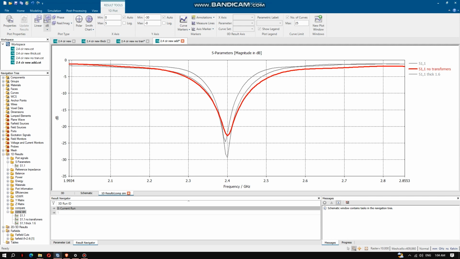Lastly, for the third scenario, with the same 3.2 mm substrate thickness of the dielectric layer, but with a transformer in the feed line, the return loss is -29.6 dB, and the bandwidth is narrower than the second scenario.